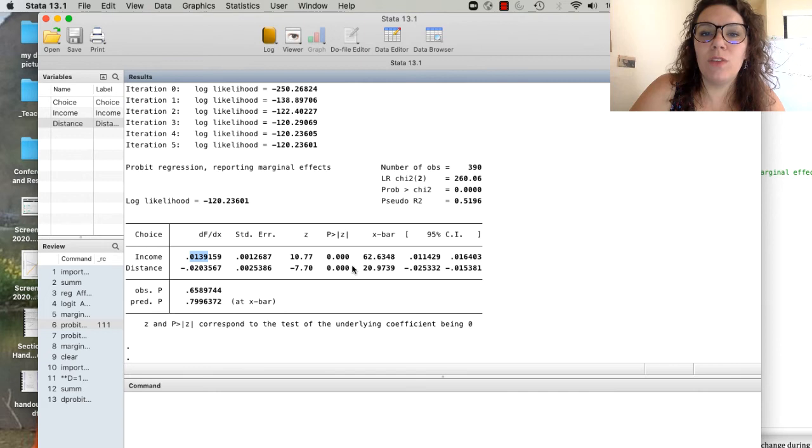And we can see both of our variables are statistically significant. Our p-values are small. Our standard errors are much smaller than our marginal effects. And our confidence intervals do not contain 0.